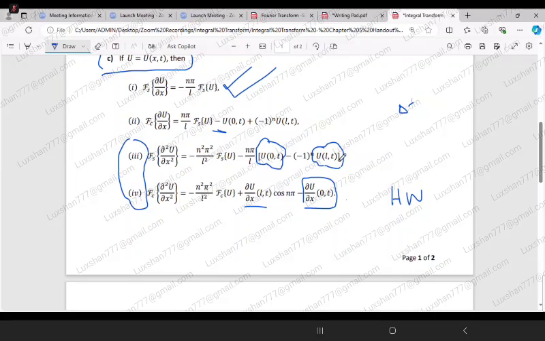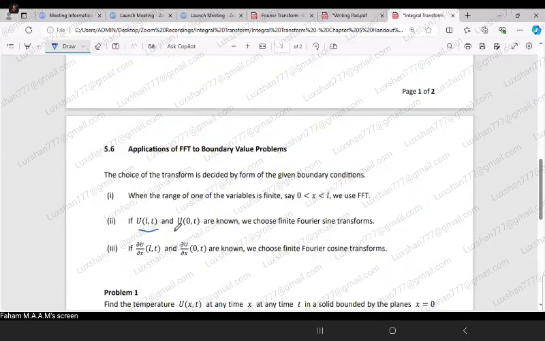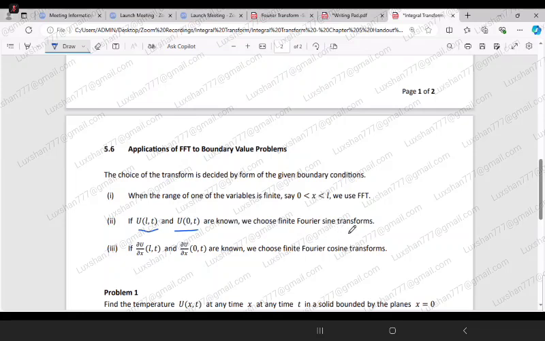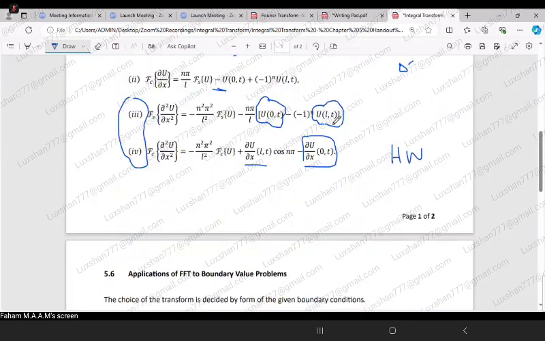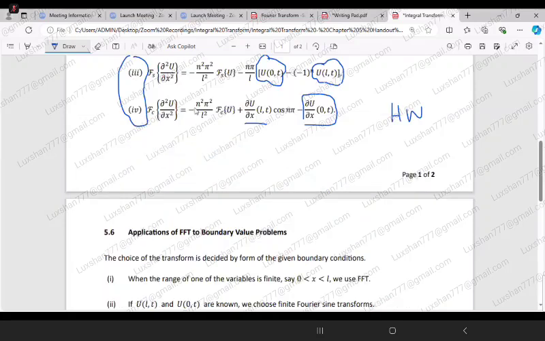So based on these two things, you can decide. If you know u0 comma t and ul comma t, then use the Fourier sine transform, because in this formula we need these things. If the partial derivative of u with respect to x at L comma t and at 0 comma t are known, then you go for Fourier cosine transform.